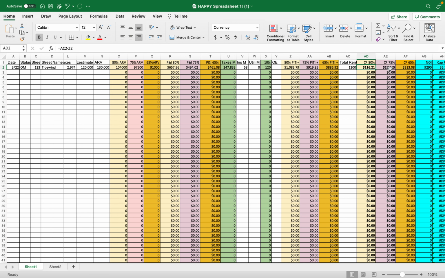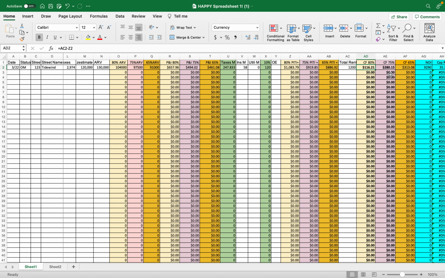But this is really the one we're looking at the most. So this is after principal, interest, taxes, and insurance, and then any additional costs, utilities, setting aside 10%, everything we can possibly think of is gone. So this is the money that we can count on each month from that property.